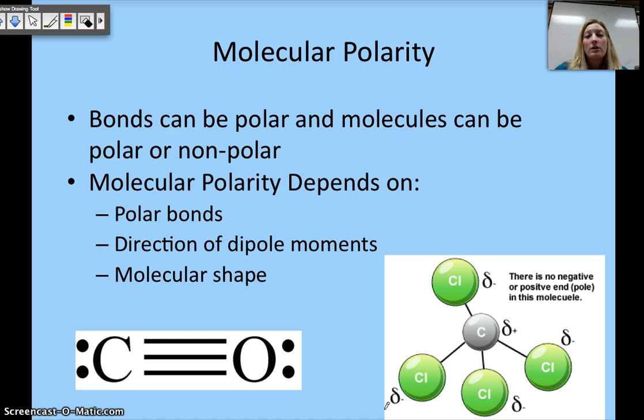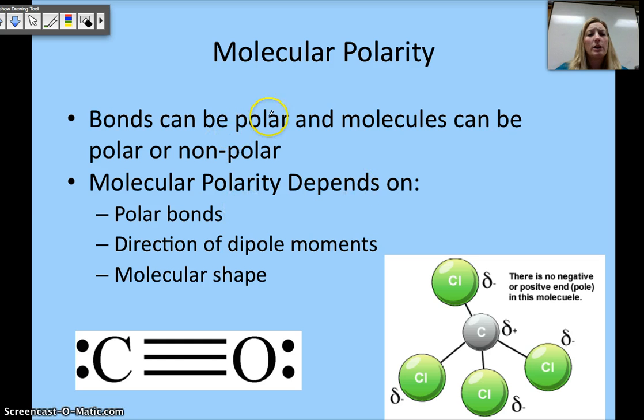And this is going to start looking at molecular polarity. What we just talked about was bond polarity, where atoms are sharing electrons, those are the bonds, and that's the polarity in those bonds. But if we look at all the bonds in a molecule, we can determine if the molecule is polar or not.